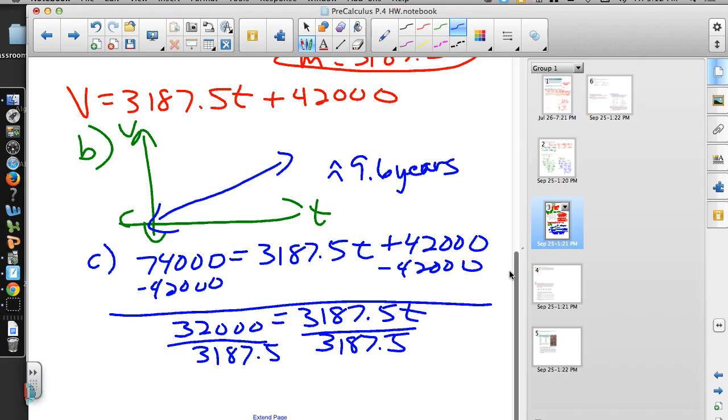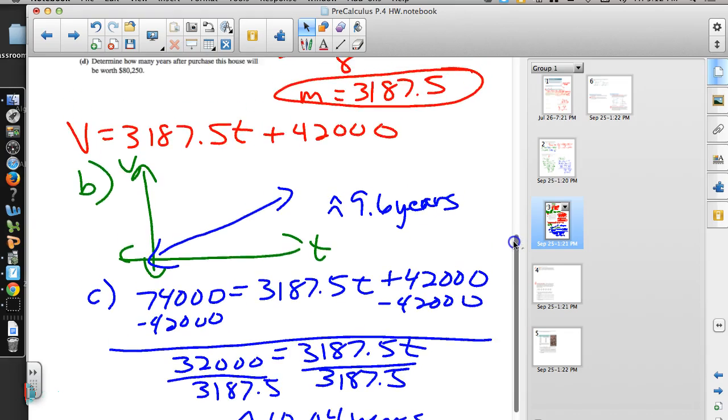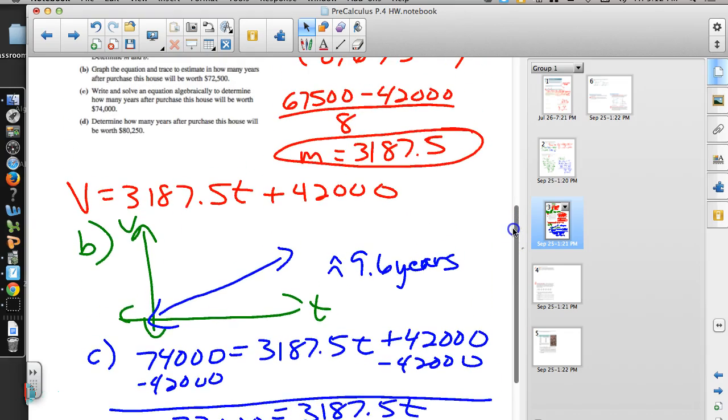And that gives you approximately 10 years, about 10.04 years. So really a good estimate there, about 10.04 years. Probably a little better estimate than we actually should be putting down, because again, as time goes by, the equations become less and less accurate.